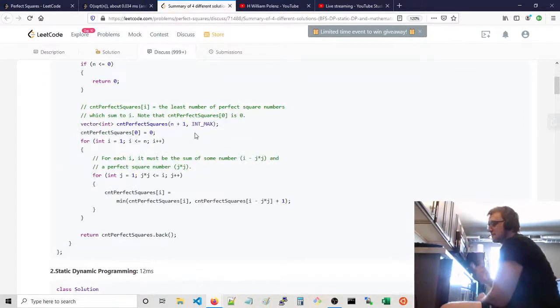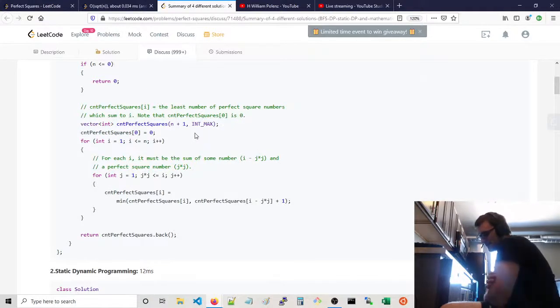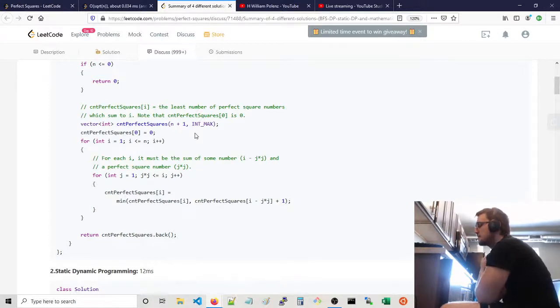I did my memoized depth first search, which was pretty slow. I improved it slightly, but it's still pretty slow. Why didn't I just do it this way? I don't know why somehow this slipped my mind.